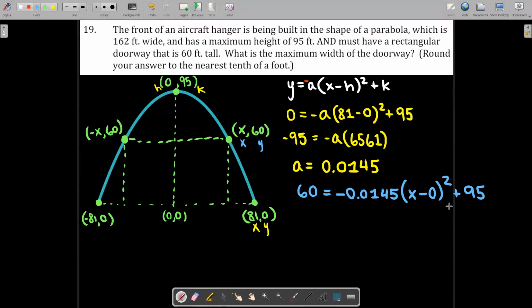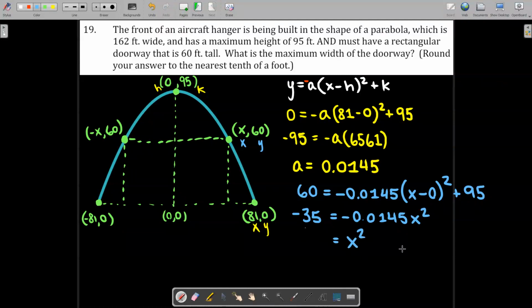So we're going to do pretty much the same thing. We're going to subtract 95 on both sides. That gives me negative 35 here, equals negative 0.0145. And then x minus 0 is just x, and then we can just put x squared here. So we're going to divide both sides by 0.0145. And if we do that, it'll give us x squared.